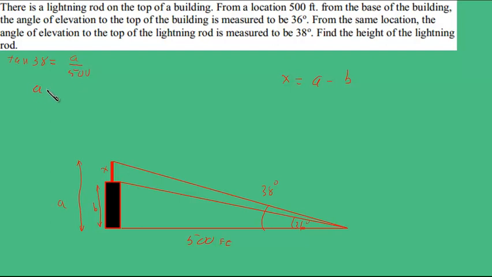So a is equal to 500 times the tangent of 38, which gives us 390.64. And then the tangent of 36 is equal to b over 500. And so b is equal to 500 times the tangent of 36. And we have that b is 363.27. So x is equal to 390.65 minus 363.27.